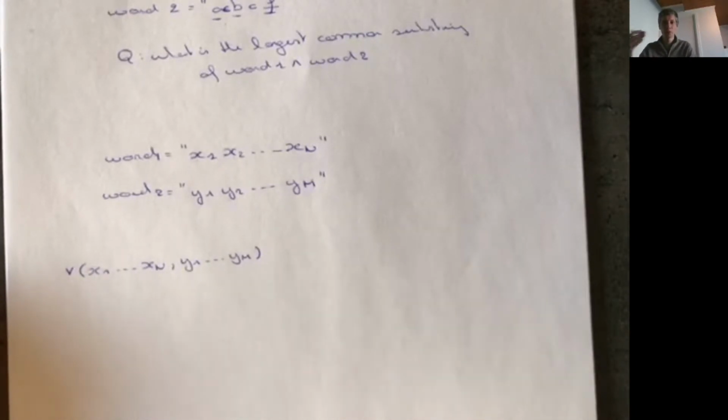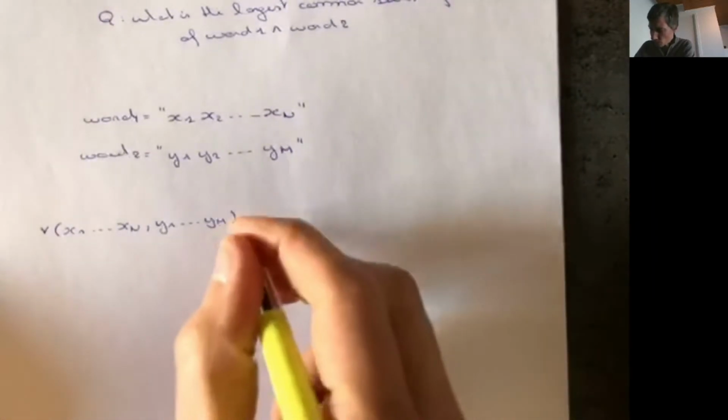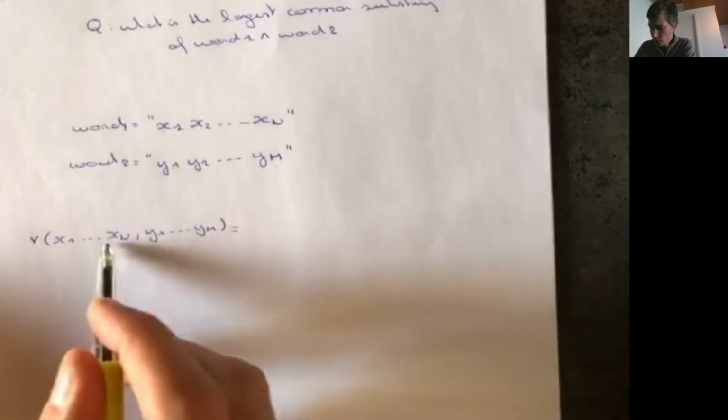And then I can recursively solve it by first solving the smaller subproblems and then finally solving the bigger one, leveraging the fact that I already had a solution on the smaller problems. So in this case, there are a couple of cases that you can consider. And here the idea is to recurse on the last letters.